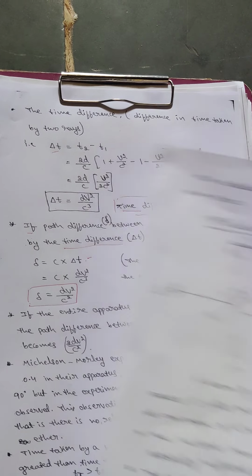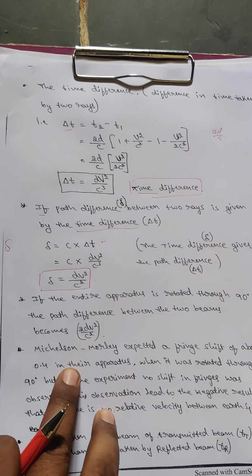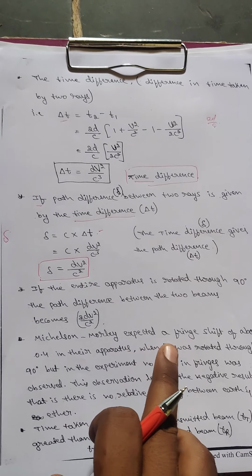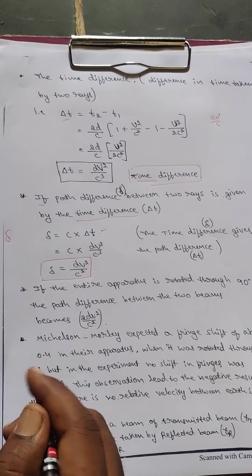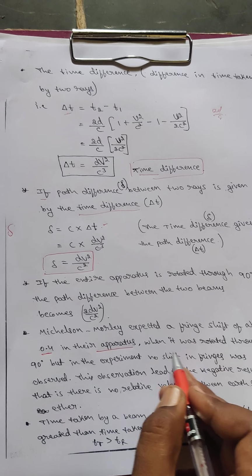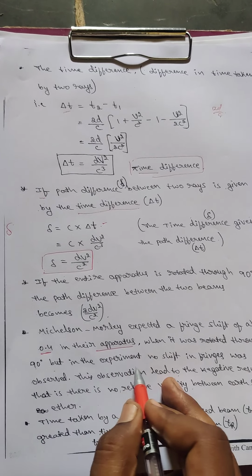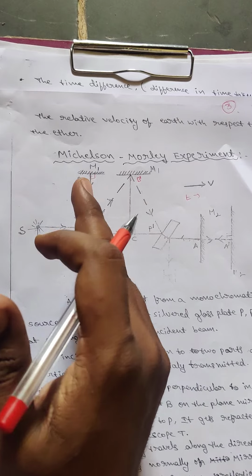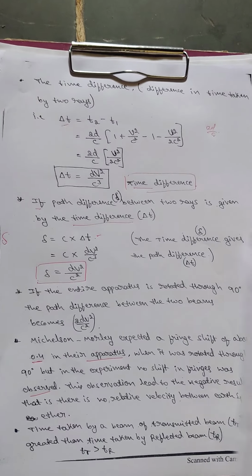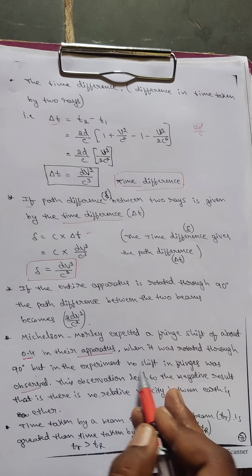Michelson and Morley expected a fringe shift of about 0.4 in their apparatus when it was rotated through 90 degrees, but in the experiment no shift in the fringes was observed.